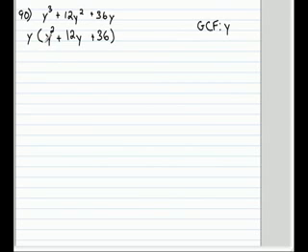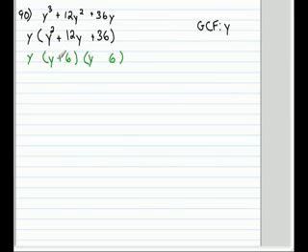Okay. Leading coefficient is 1, so I don't have to worry about that middle term. I can just work right with the trinomial. I know my first term is going to be y. My second term is going to be 6. Ooh, I actually could have done this as a perfect square also, looks like.